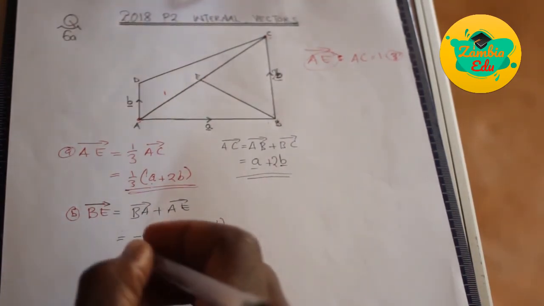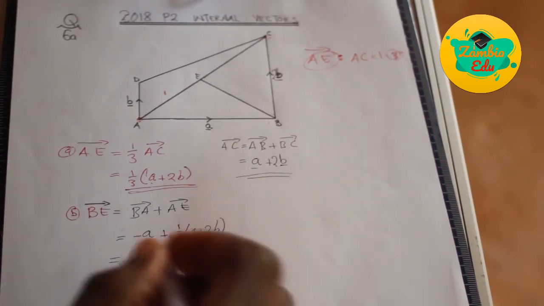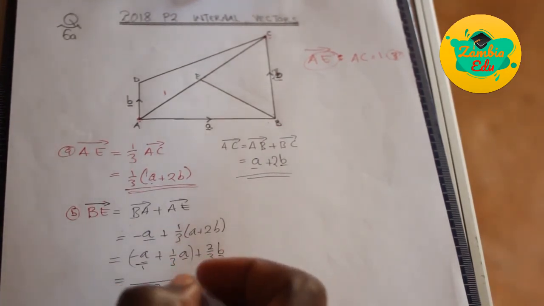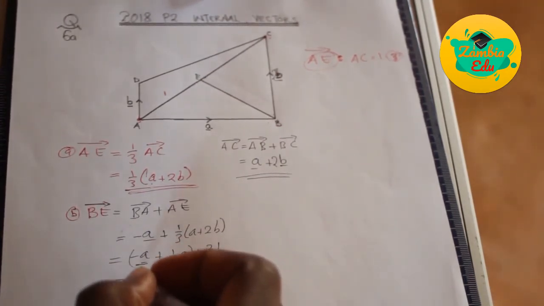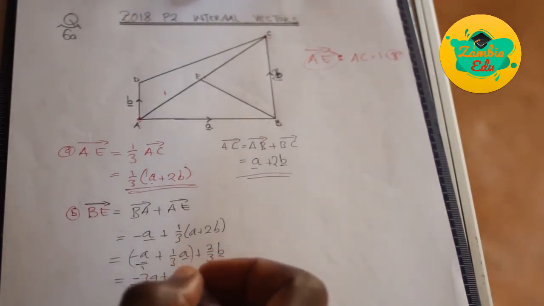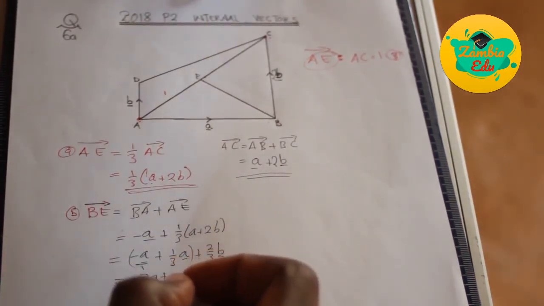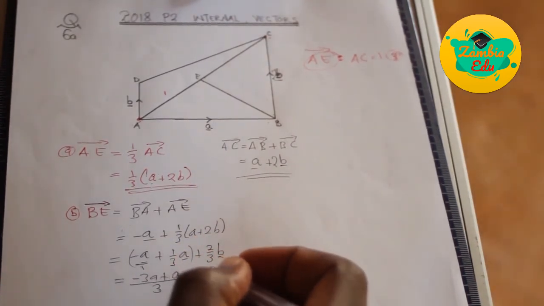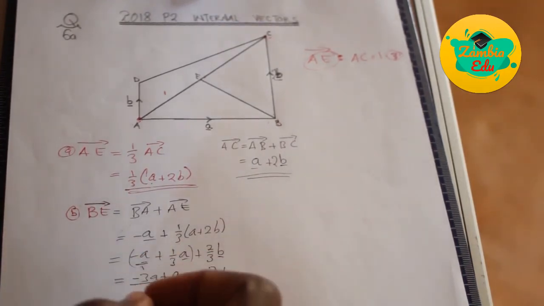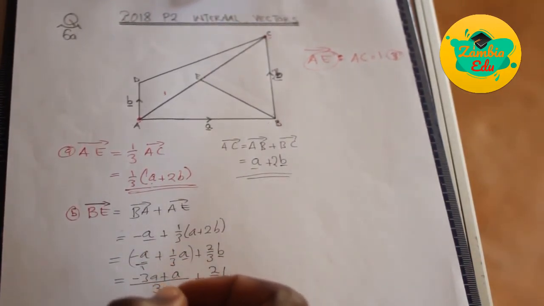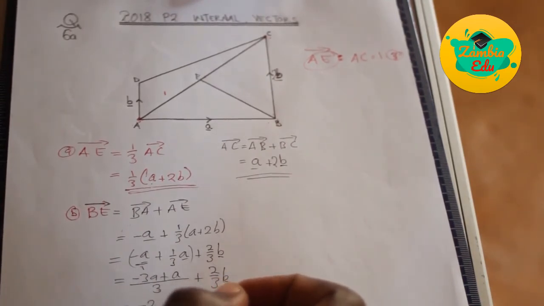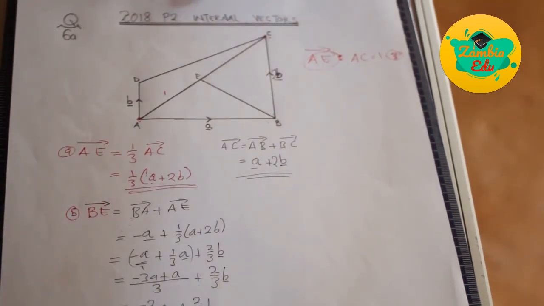Like terms have already been grouped, so we can say over 1, common denominator 3, 1 into 3, 3 times A gives us negative 3A, plus 3 into 3, 1 times 1, it's A, plus 2 over 3B. When we add that, it's negative 2 over 3A plus 2 over 3B.